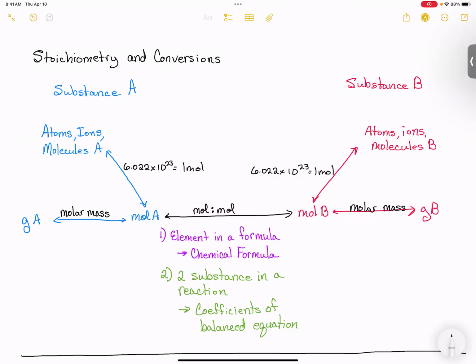The only other thing about those conversions was knowing what went in the numerator and what went in the denominator. And if you'll notice, whatever was in the numerator in the previous part was in the denominator in the next part.